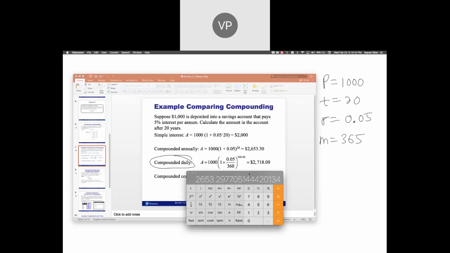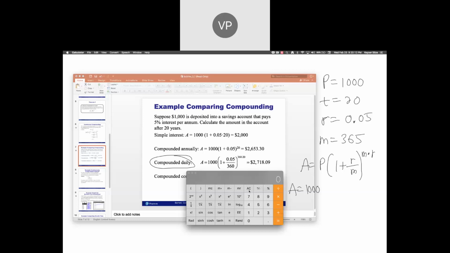I'm looking at the screen. I don't know why it says 360, so we're going to ignore that. It's supposed to be 365. What I care about is plugging all this into the formula. Same formula, remember? A equals P times 1 plus the rate over M, to the power of M times T. When I plug everything in, and this is what the PowerPoints won't show you, these are the steps that matter.